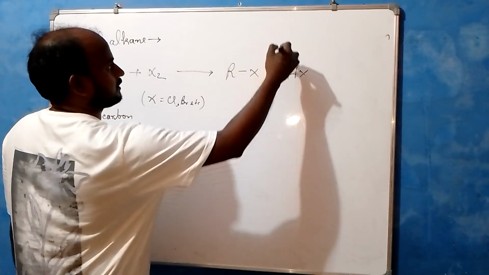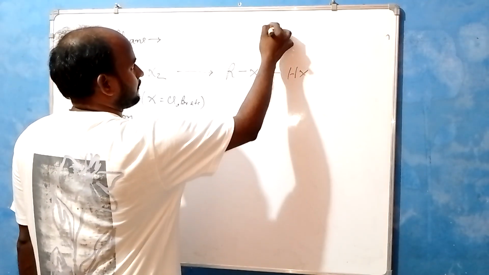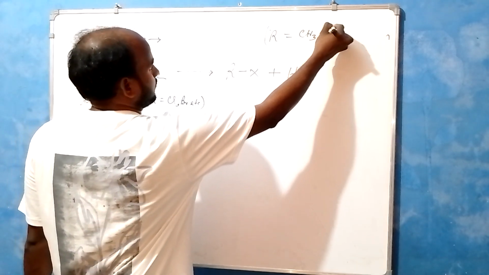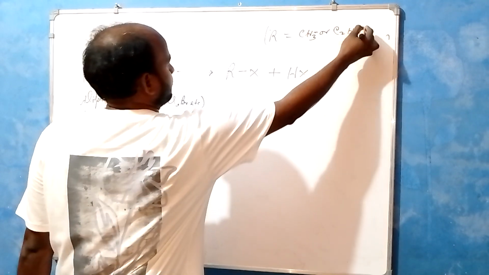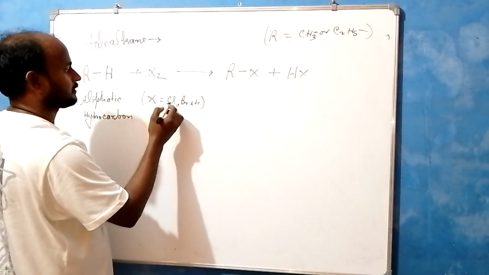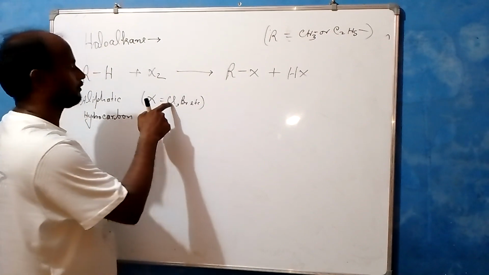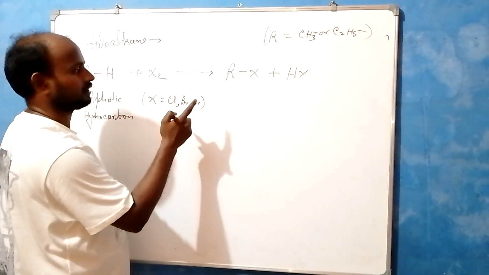It means that R equals CH3 or C2H5. X represents chlorine, bromine, iodine, fluorine. It means halogen group elements.